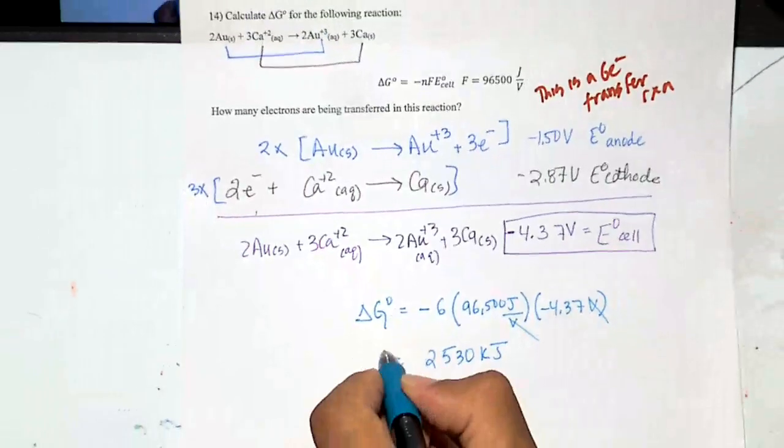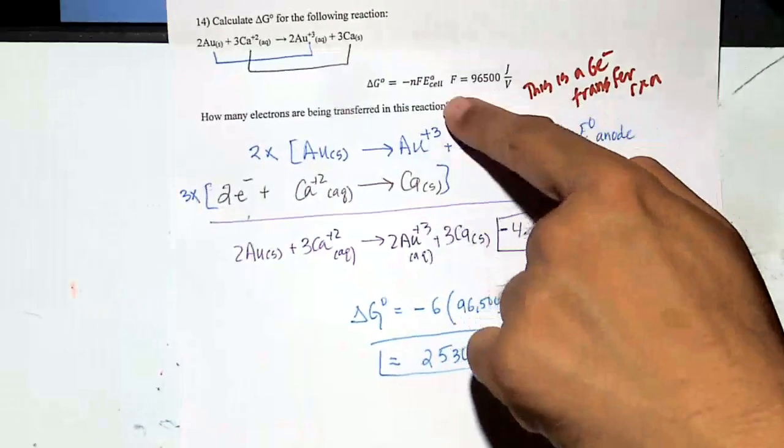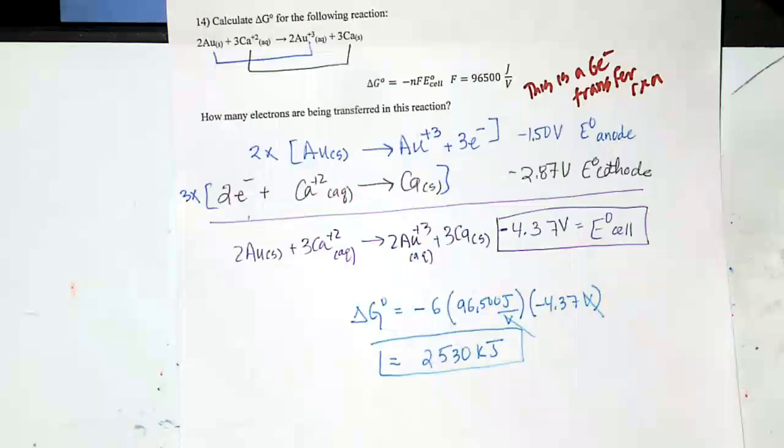Yes, sorry about that. So after we plug and play it into this equation, this is the value I'm getting. I divided it by 1,000 to get it in kilojoules. Okay, but you can put it in joules also, that's fine.